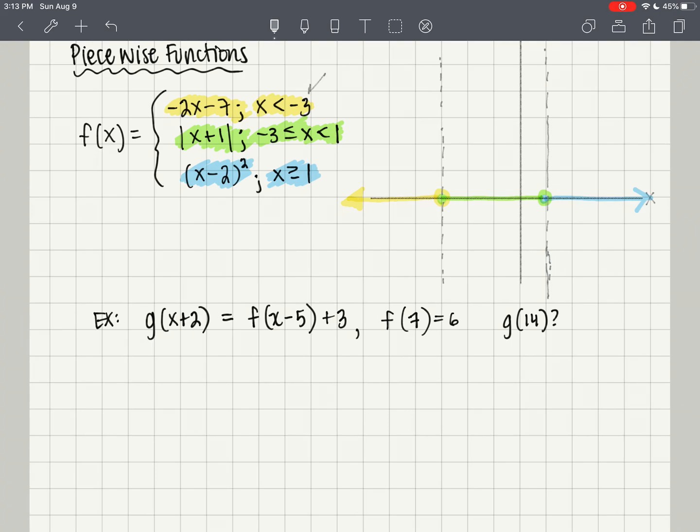Now, negative 3, negative 3. So where one function stops, the other one begins. So when we stop the yellow function, we're going to have an open circle when x is negative 3. And over here, we're going to have a closed circle when x is negative 3.